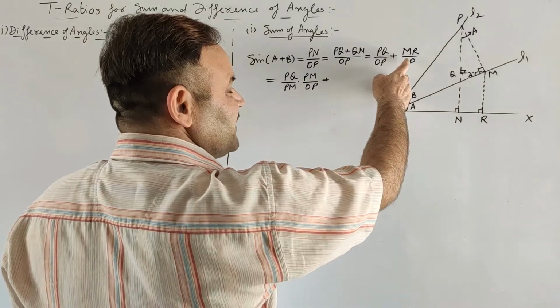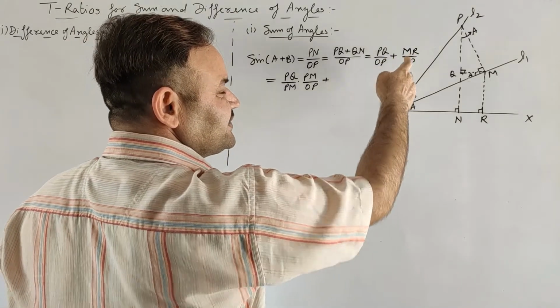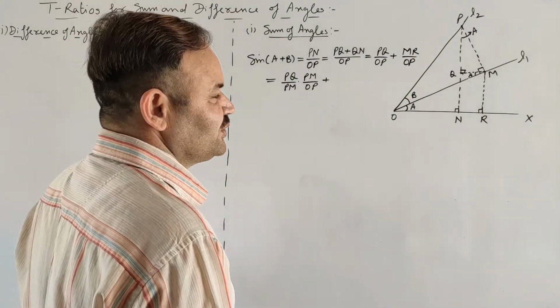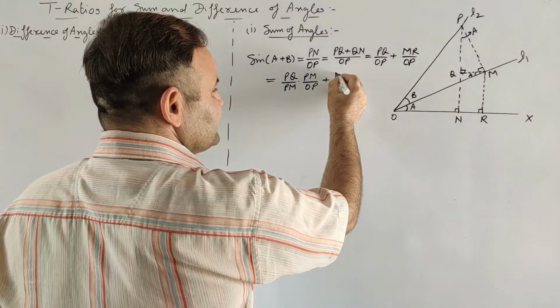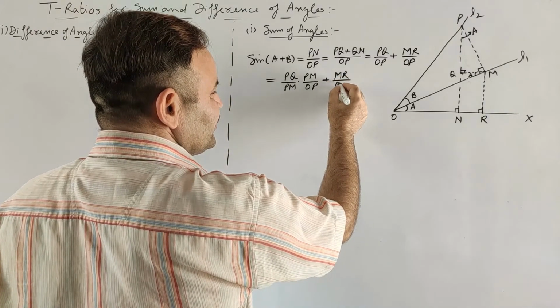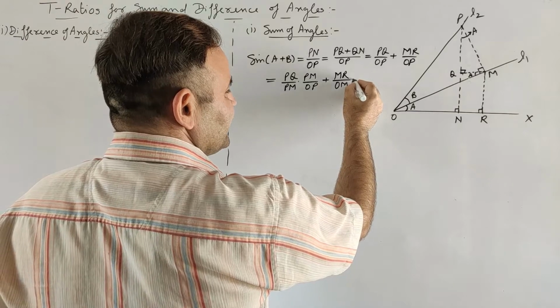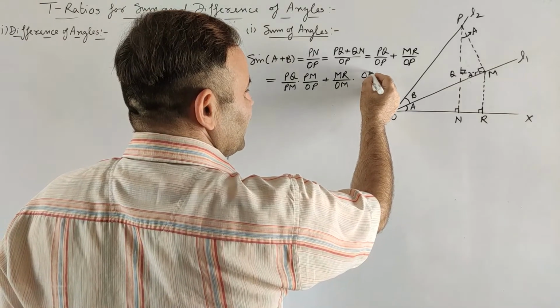So we will multiply and divide this ratio by OM. It will give us MR upon OM into OM upon OP.